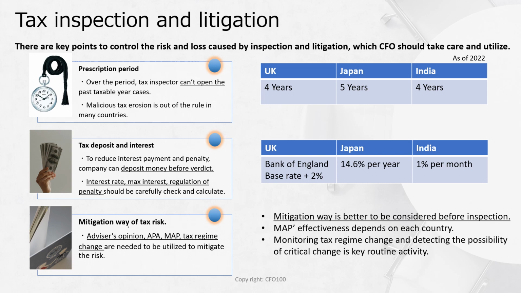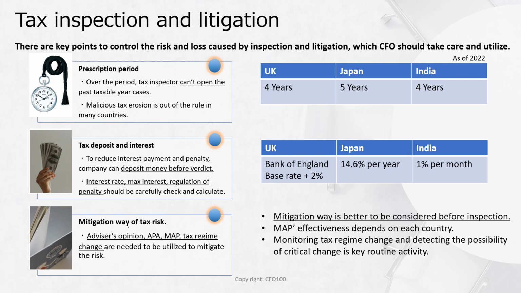At the end of this lecture, you remember why it is important for CFO to understand the tax inspection and litigation process. Those activities are an irregular item apart from normal tax filing, and there are some decision-making points as CFO.